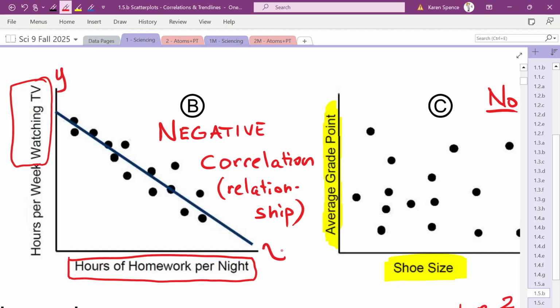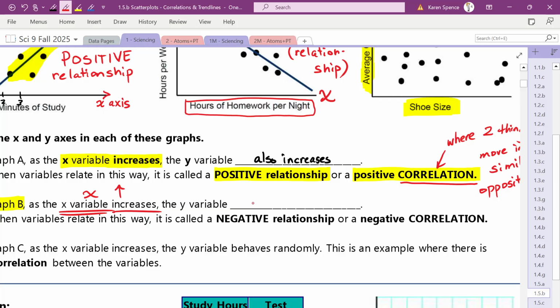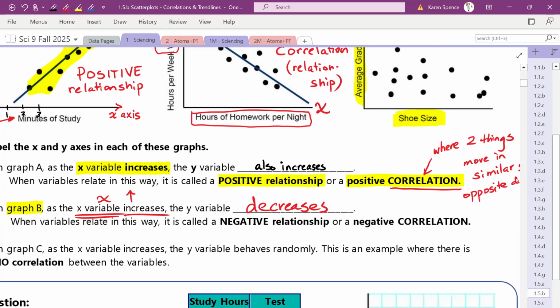As the x variable goes up, hours of homework per night, what happens to the y variable? It goes down. So the y variable decreases. So when they're moving in opposite directions, that's a negative correlation. When they're moving in the same direction, that's a positive correlation.